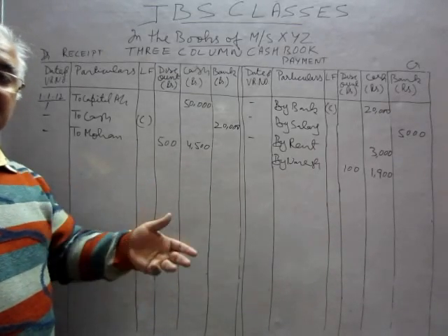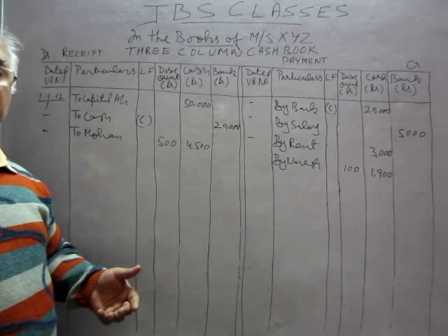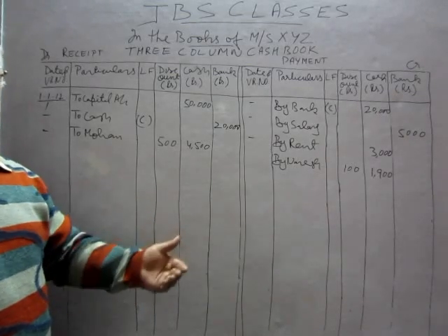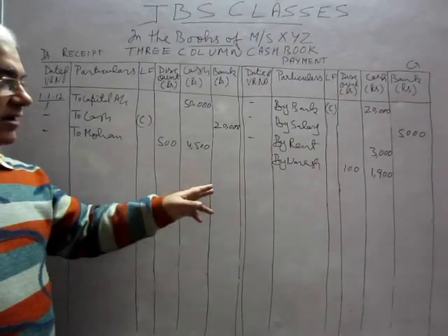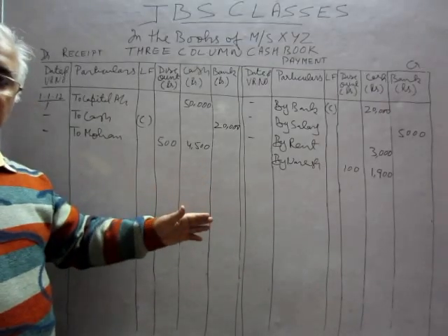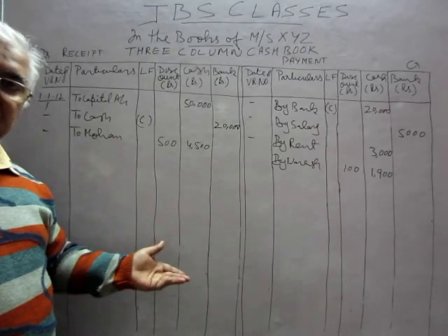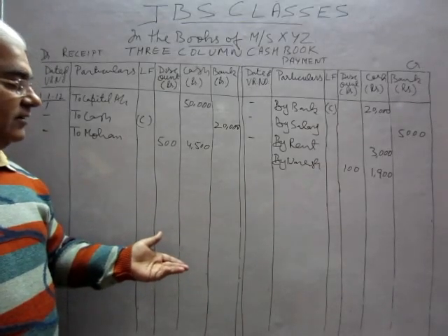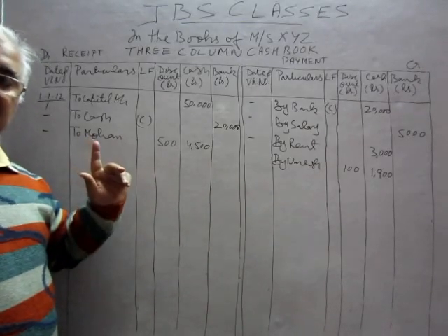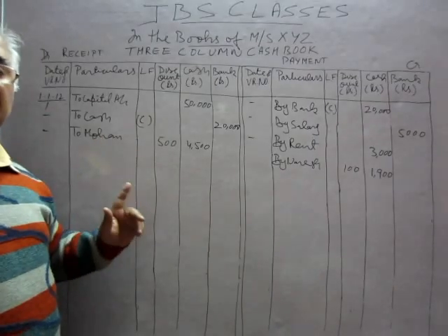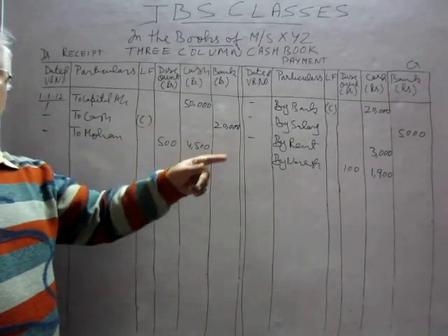And he pays us through check. That means he will be making a payment of 2,800 through check. Entry will be bank account debited 2,800, discount allowed account debited 200 rupees, right? And that fellow's account who is making us payment will be credited by 3,000.